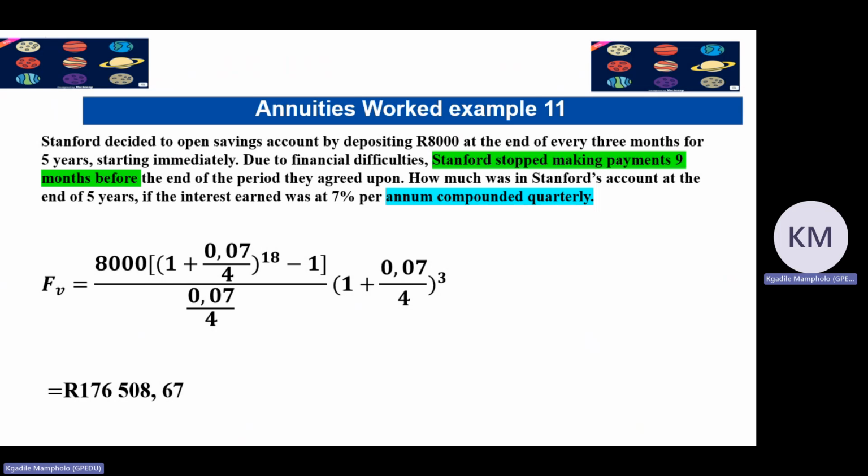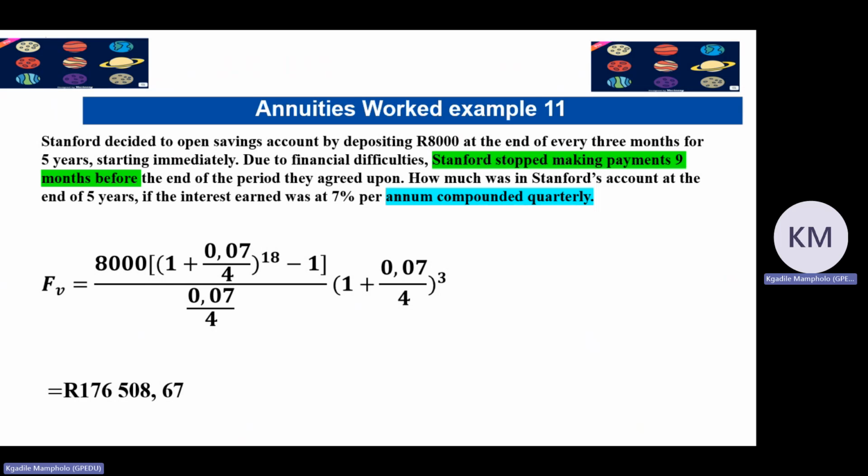It was supposed to be 5 times 4, which is 20, plus 1, because he started immediately, so it was supposed to be 21. But because he missed 3 quarters, it will be 21 minus 3, which is 18.